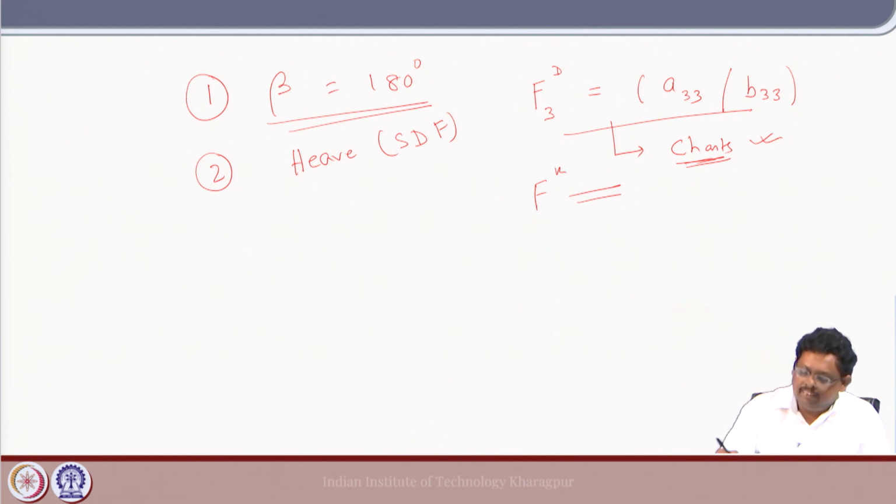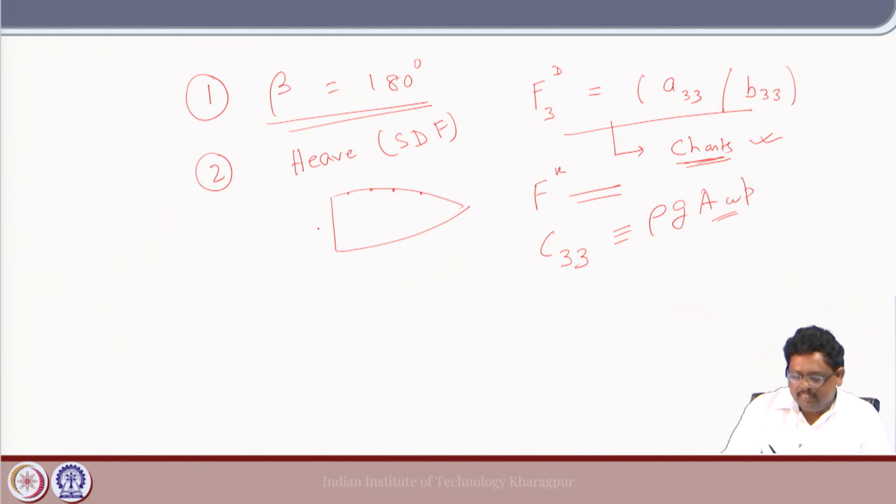And then after doing all this, you figure out how to get this C33, which is nothing but rho g into AWP, and you also know how to get the waterplane area if you know the y values.